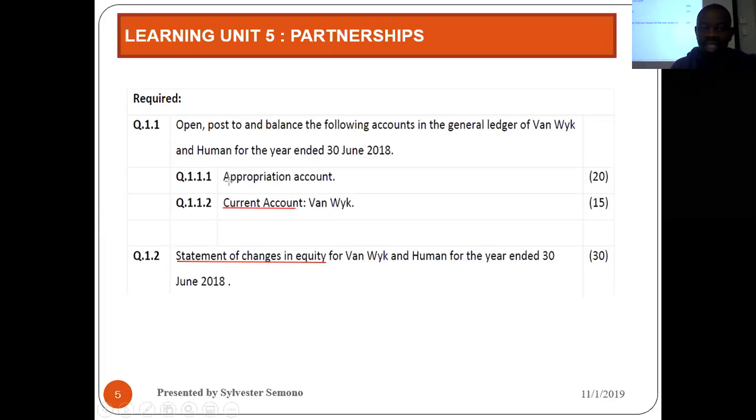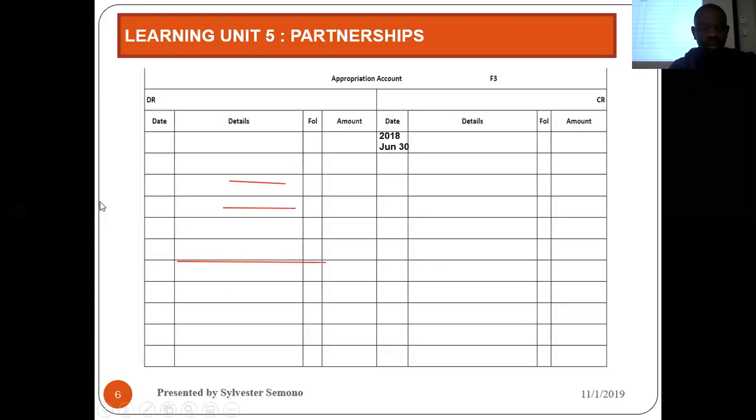But if you can check, these two accounts are going to be part of the statement of changes. Okay, so we need to check that. So I'm going to go straight to the statement of changes with the same information. I think we finished this one.